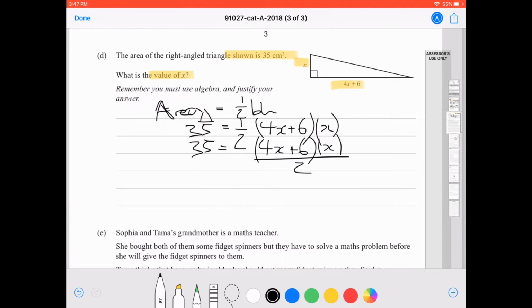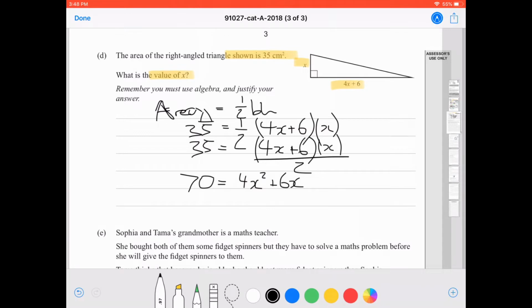Multiplying by 2 on both sides, we can say 70 equals, and now we'll expand out brackets. 4x times x is 4x squared, and then plus 6x, okay? Now we can see a quadratic starting to form.